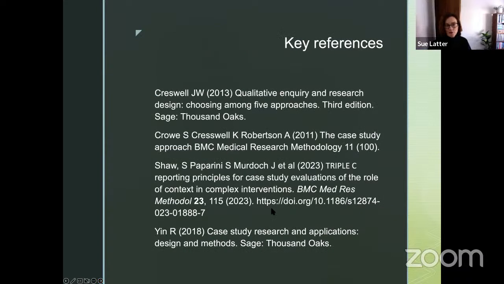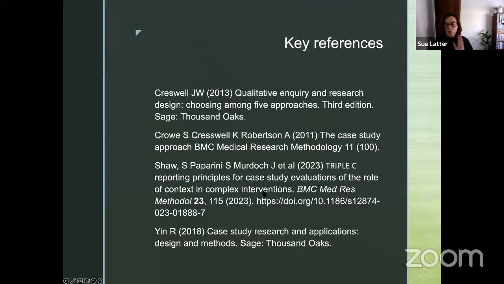Some key references for you, and some are older than others, but they're still classic texts. I would encourage those of you who are thinking about using case study research to have a look at a good paper that came out last year, Triple C, I think it's Case, Context and Complexity. This one is only in relation to complex interventions, but it starts to pull out reporting principles for case study evaluations.